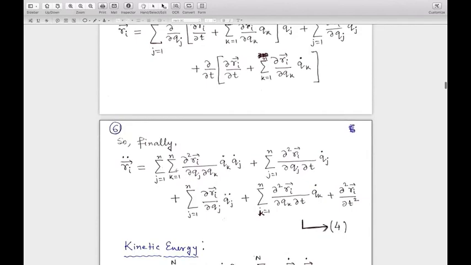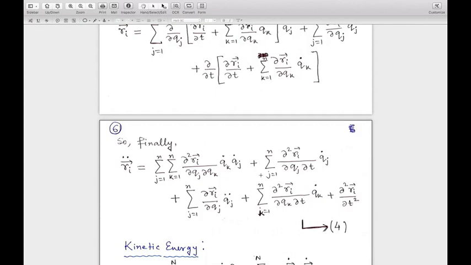One is the double summation, both over the number of degrees of freedom, del 2 Ri del Qj del Qk, Qk dot Qj dot, or you can write Qj dot Qk dot, doesn't matter. Then the summation over j of del 2 Ri del Qj del t Qj dot, then the summation over j of del Ri del Qj Qj double dot, plus del 2 Ri del Qk del t Qk dot summed over k or summed over j, whatever, the same type of thing.